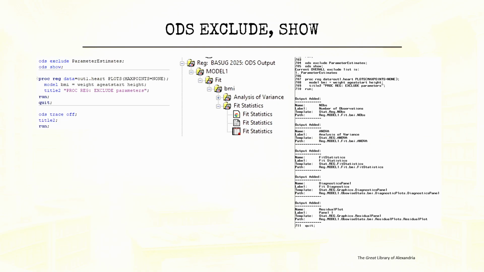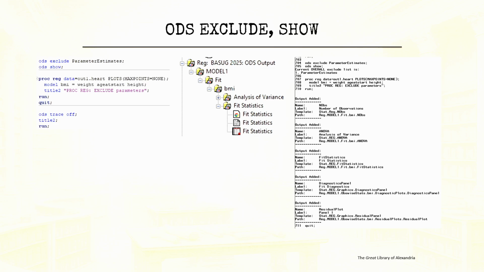So you can prevent an ODS output object from getting created by using the ODS exclude statement. You can select it. You can also use ODS show, and that will come out in your log, and it will have information on what is shown.